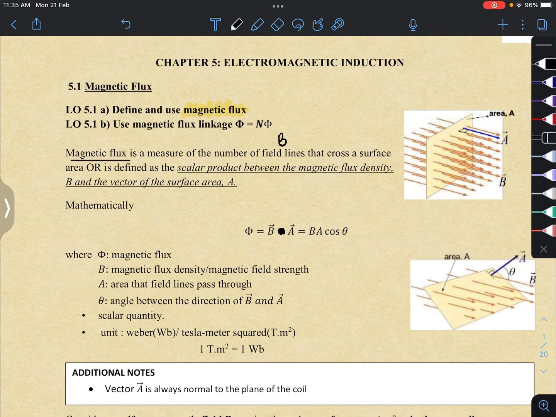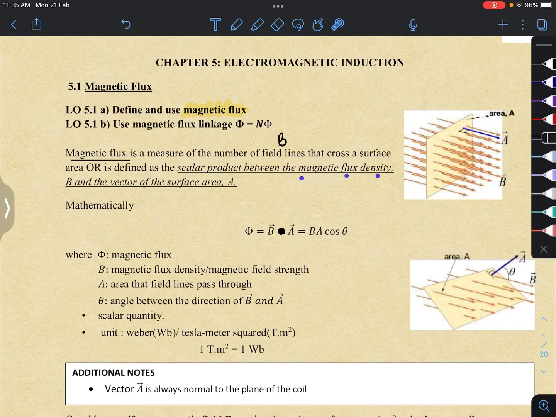For example here, this is our area, and this is our vector of the area, which is the surface of the area. So magnetic flux is a measure of how many magnetic field lines are going to cross this surface area.